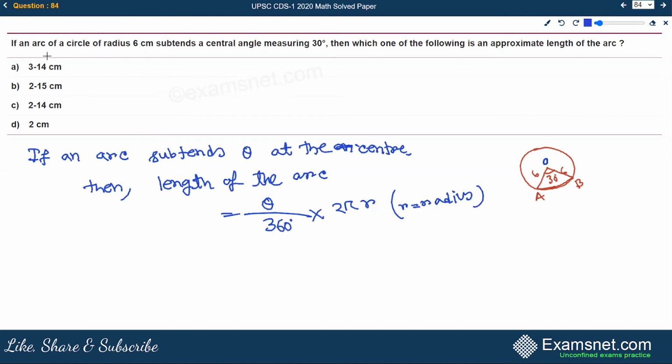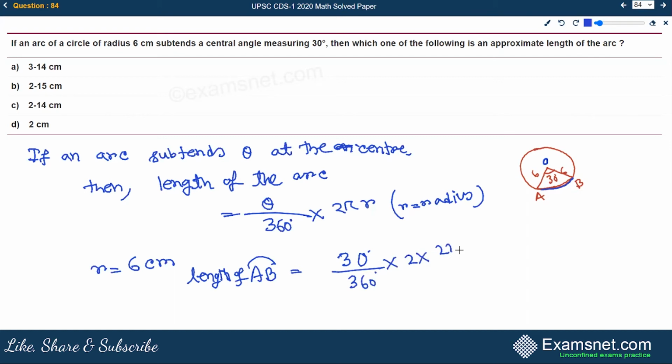Here we are given an arc of a circle of radius 6 centimeters, so r is 6 centimeters. Now we have to find the length of AB. Here AB is the arc, correct? So the length of AB, with the 30 degree central angle given, is 30 degrees by 360 degrees multiplied by 2 pi r.